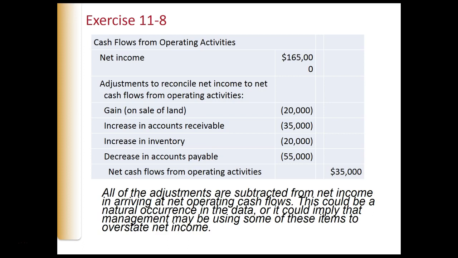So if we start with our net income and then adjust based on various effects in the balance sheet, all of the adjustments are subtracted from net income to arrive at our net operating cash flows. This is a natural occurrence in the data, or it could simply imply that management may be using some of these items to help overstate net income.